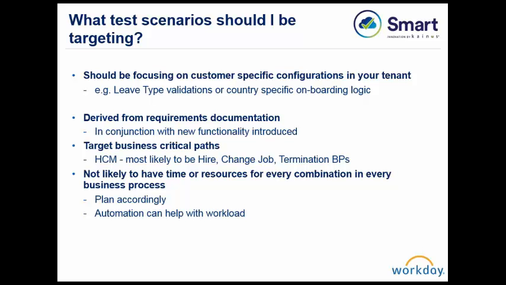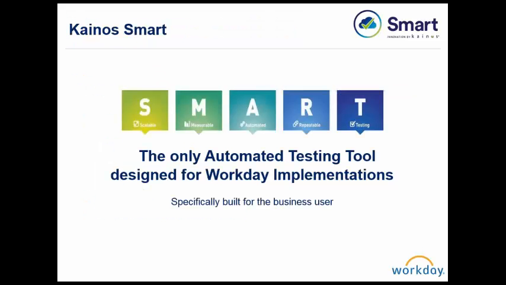You know, it isn't likely that you're going to have the time or resources for every single combination in every business process, and that's really where automation can help with the workload and get the coverage of the testing that you would really like. And I guess that's where Kainos Smart comes in.